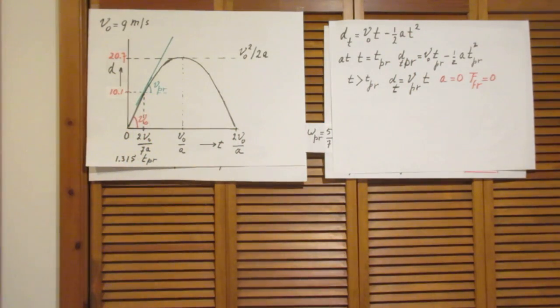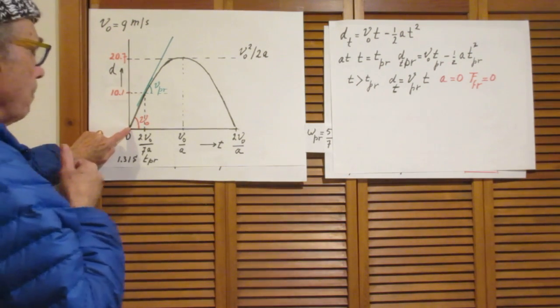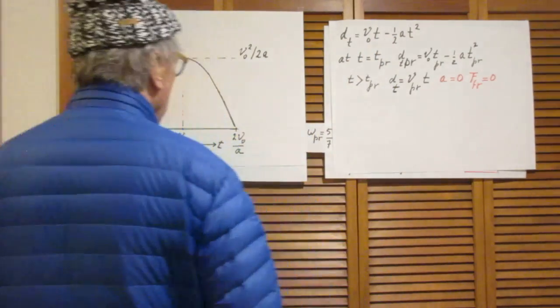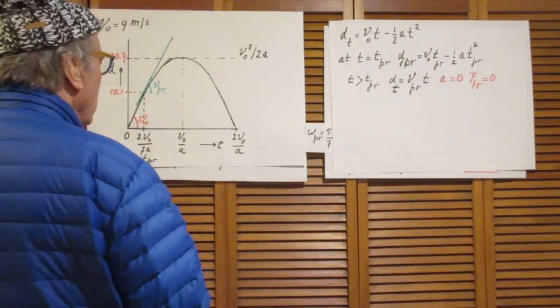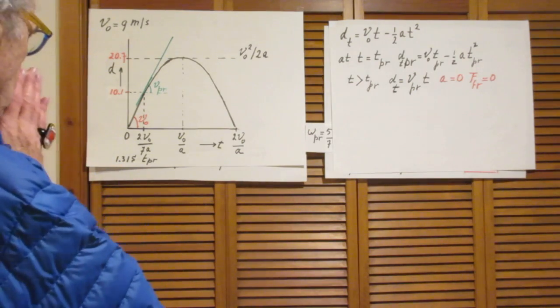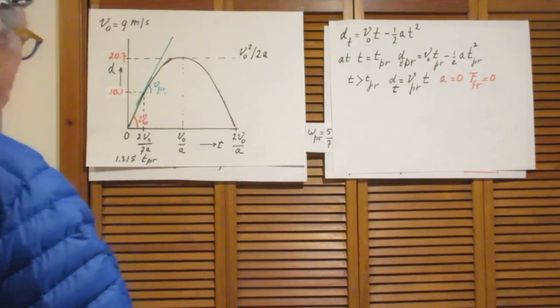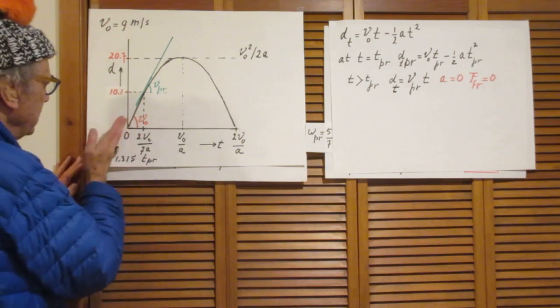Utterly trivial high school plot. D is 0 when T is 0, and D is also 0 when T is 2V0 over A. That's the parabola. This angle here is V0.